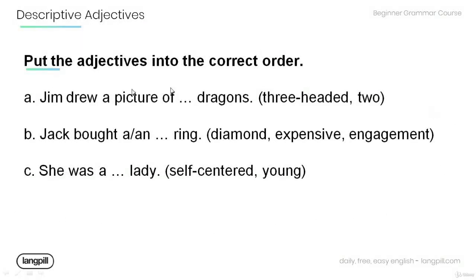Now read the following sentences and put the adjectives into the correct order. A. Jim drew a picture of dragons, three-headed two. B. Jack bought a or an ring, diamond, expensive engagement. C. She was a lady, self-centered, young.